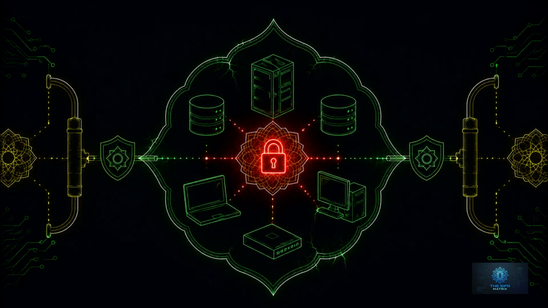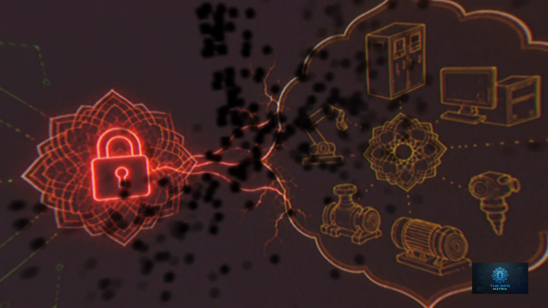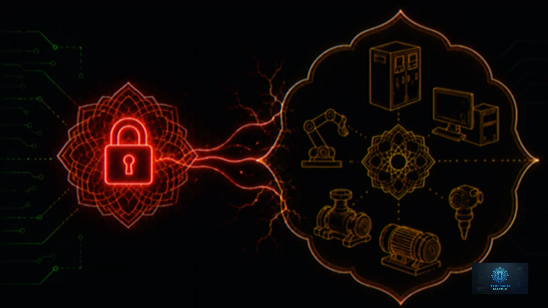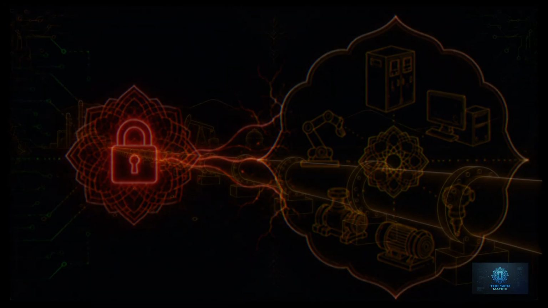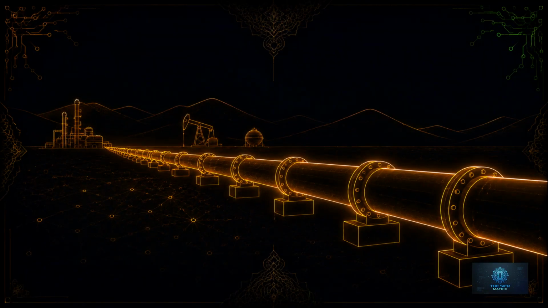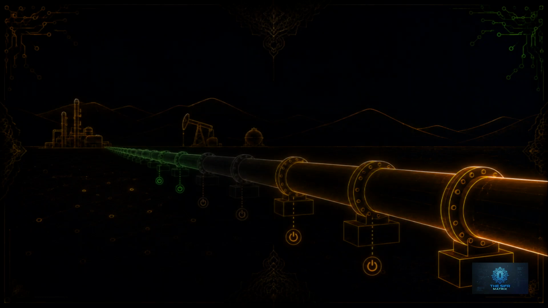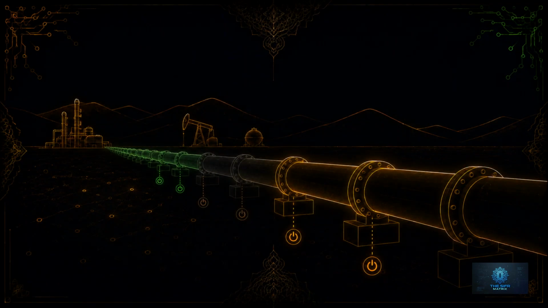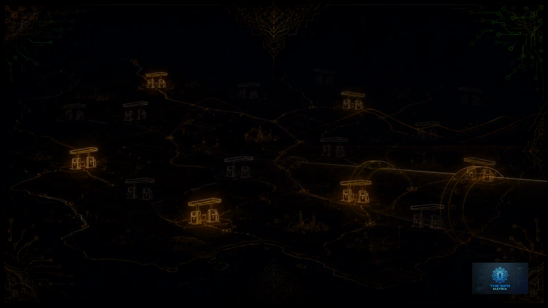This exact pattern has played out in real incidents. In 2021, a ransomware attack hit the corporate IT side of a major fuel pipeline operator, not the pipeline's control systems directly. But because billing and operational technology weren't cleanly separated, the company made the decision to shut down the entire pipeline anyway, unable to confirm the ransomware hadn't spread further or unable to bill customers accurately.